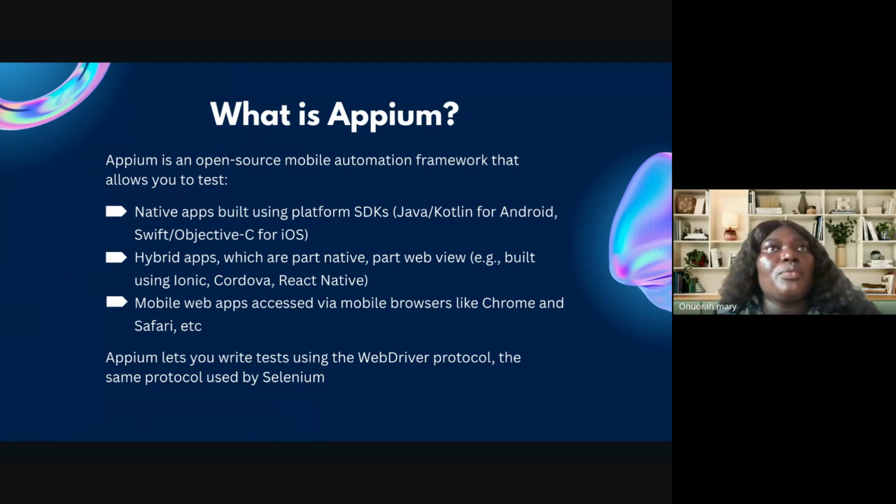Some people have their pipeline built in such a way that when you push your code to GitHub, Azure or GitLab, your unit test runs first. Then, if you have end-to-end tests, which is where our mobile or web tests would come in, they run.